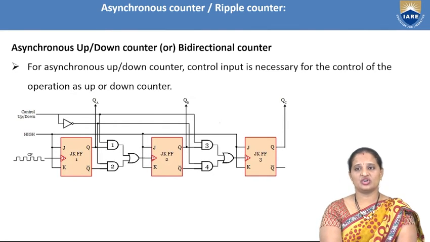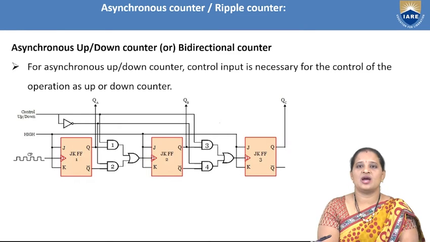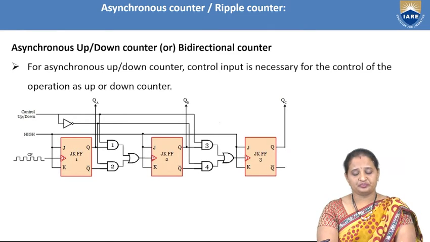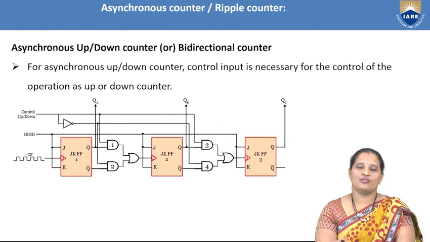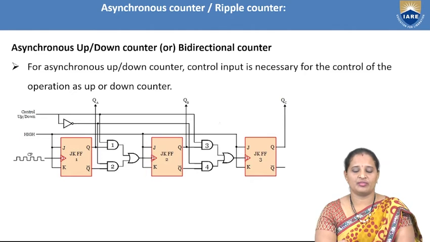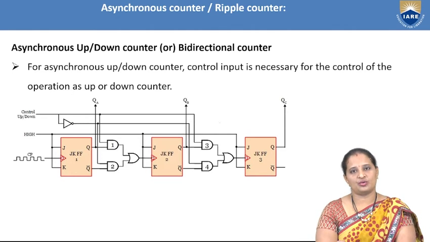So this is the circuit diagram of the asynchronous up-down counter. We have some extra logic circuit here, an AND-OR circuit, and also one extra control input, the up-down control input.